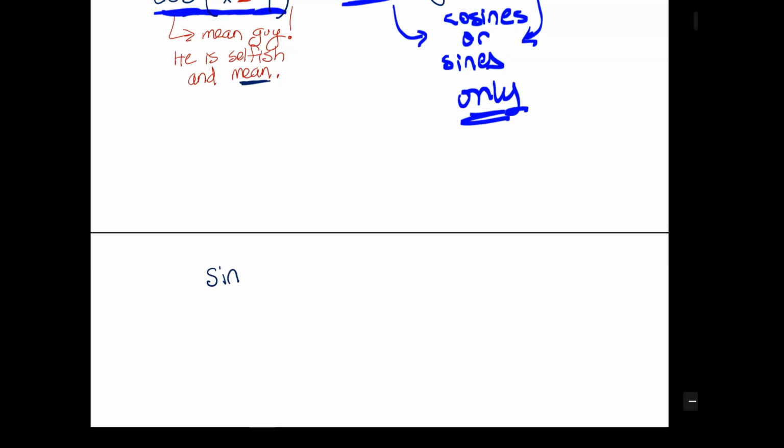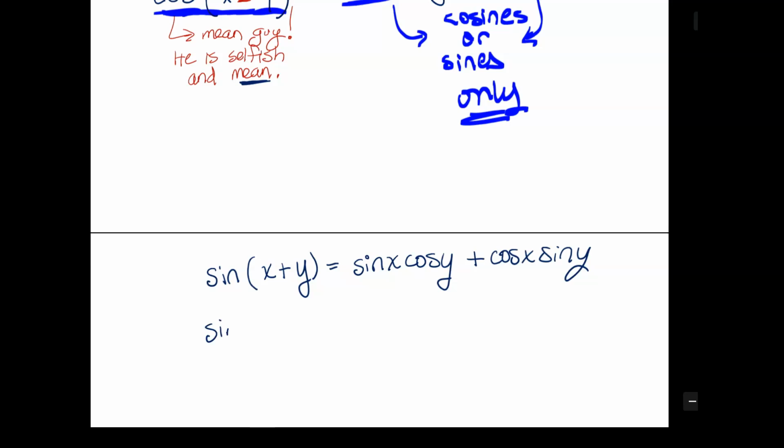So we could have sine of x plus y, and that would separate out into sine x cosine y plus cosine x sine y. The other option is that we have subtraction in there. These two terms are going to stay exactly the same. The only difference is the operation between them changes to subtraction.